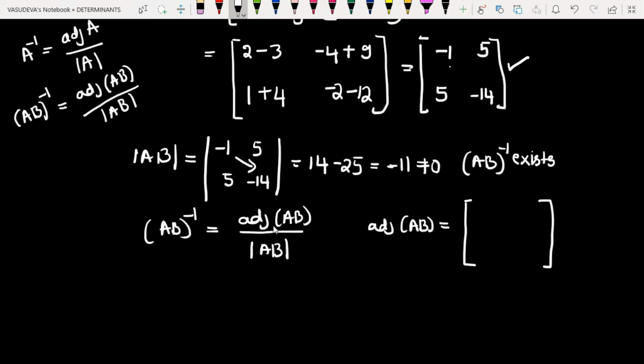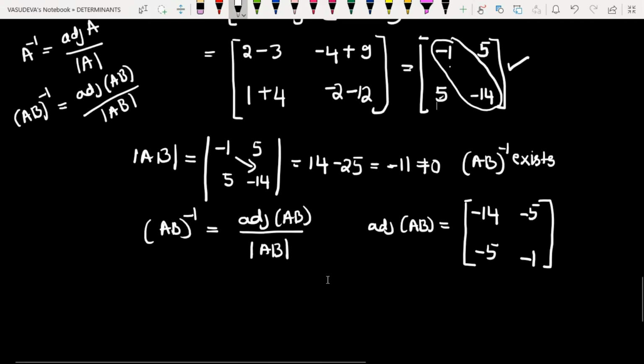Interchange the elements of the principal diagonal, therefore I am changing minus 14 and minus 1, and change the sign of the other diagonal, 5 and 5, so I am changing this to minus 5, minus 5. So interchange the elements of the principal diagonal and change the sign of the other diagonal. So this is adjoint of AB.